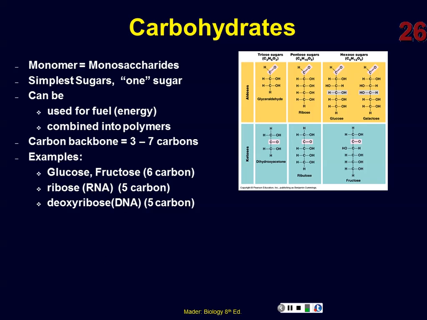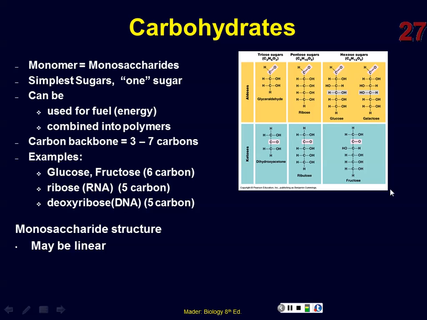Do you know what a pentagon is? It has how many sides? 5. That's exactly right. So 5-carbon sugars are called pentose sugars. And all of these would be monosaccharides, okay? When we look at the structure of a monosaccharide, we often look at them linearly, like you see here in the illustration.